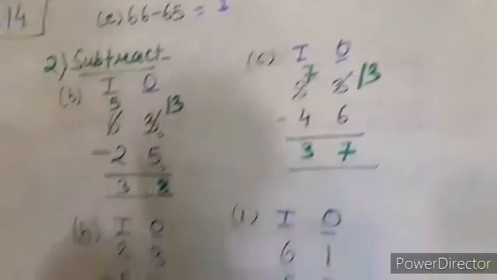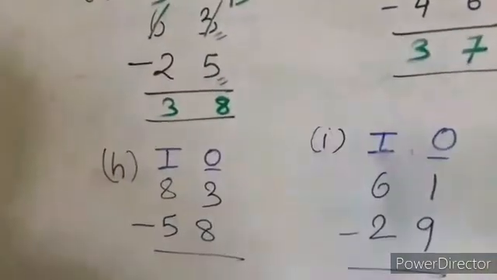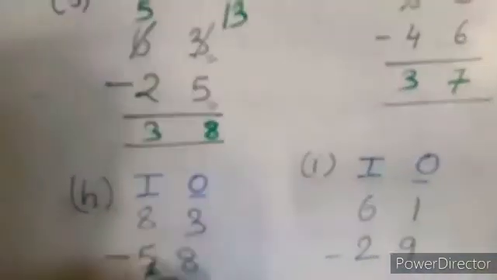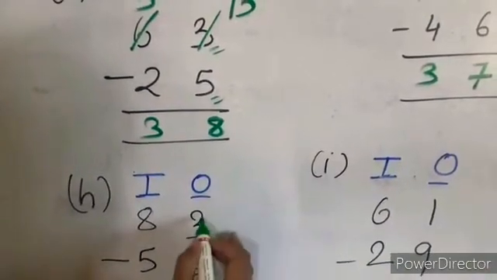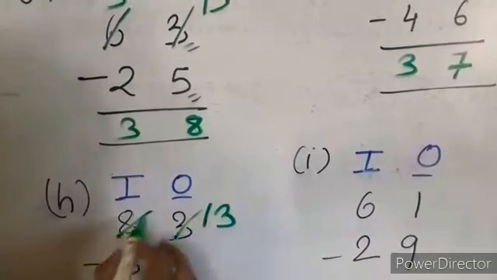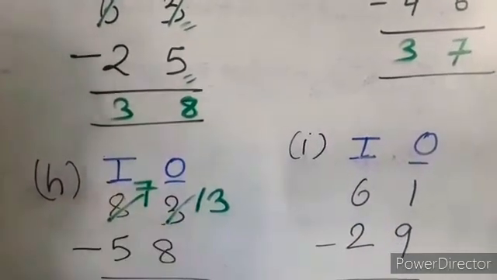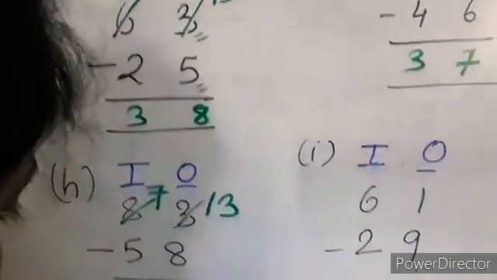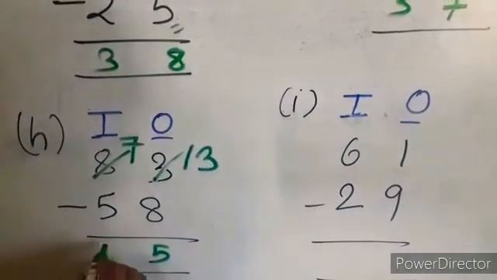Then 37. Okay. Then here 83, the same thing. This 3 is smaller than 8. So we cut it, making 13, and the tens digit will be 7. Then here the answer will be 5.